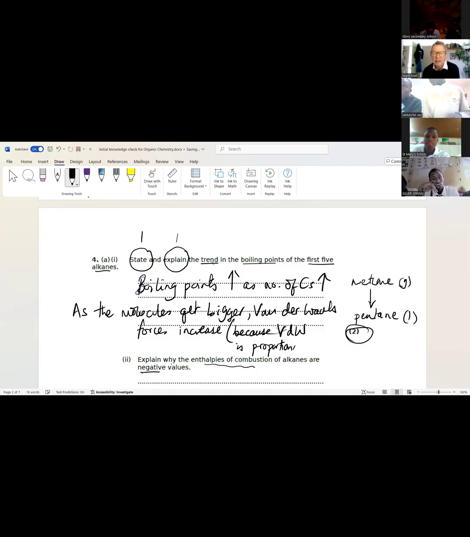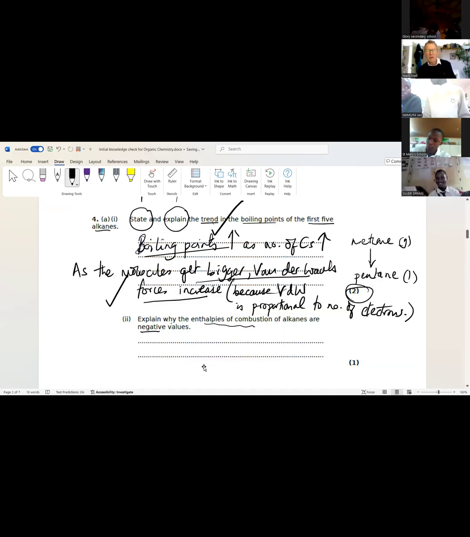This is above what you need to say. As the number of electrons increases, the van der Waals forces increase. You wouldn't need to say that because that's too hard, but I'm just telling you for those people who are interested. So the first mark is for boiling points increase. That's 1 mark. And as the molecules get bigger, the van der Waals forces increase. That's the second mark.